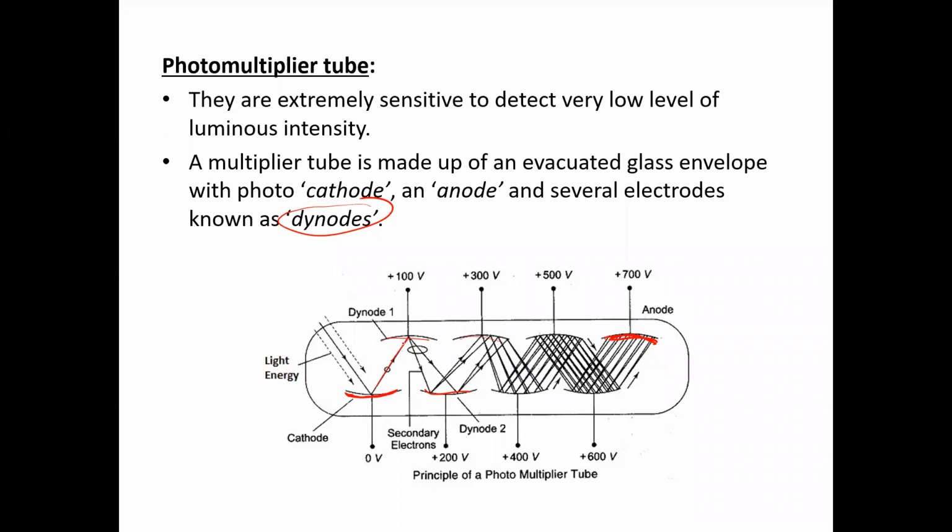it will get deflected and be directed towards dynode 2, and in the process it might emit another electron from this particular electrode, which will again travel towards the second dynode. In this continuous process, in each stage in the intermediate electrodes, a higher number of electrons are generated, which are later collected at the anode.